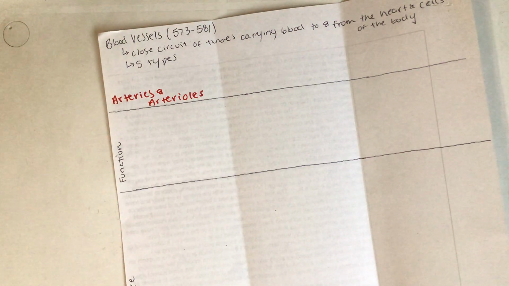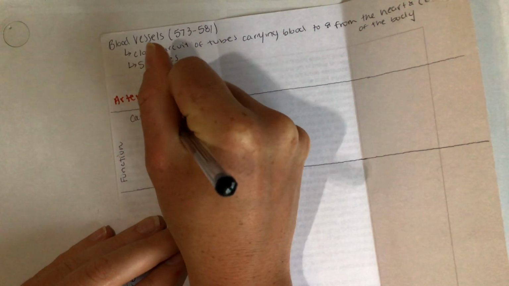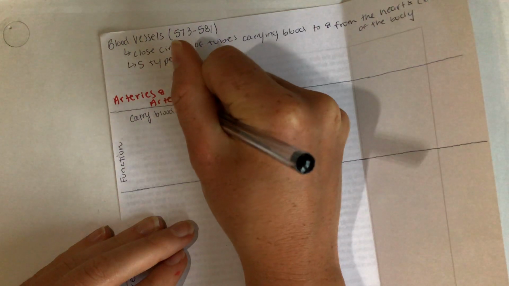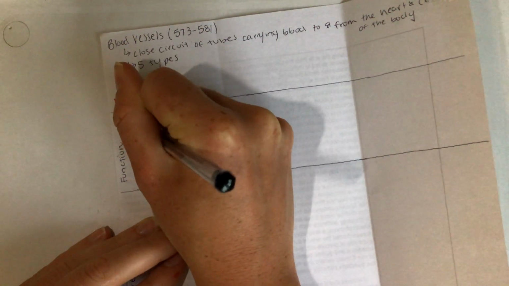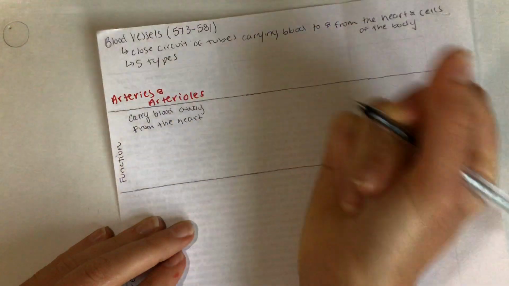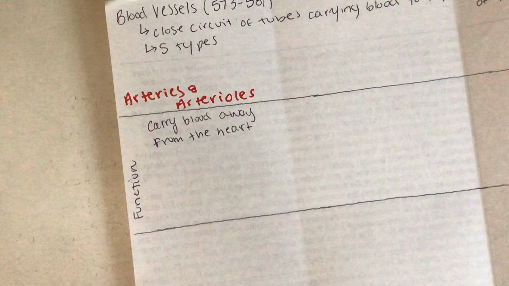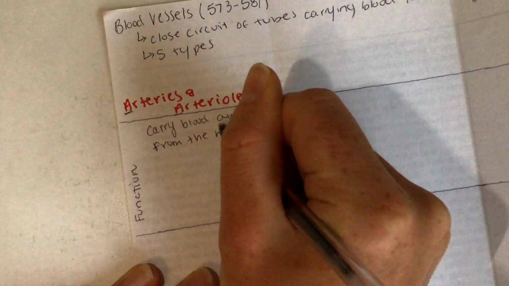Now the job of arteries is to carry blood away from the heart. Okay, so that's its job, to carry blood away from the heart. And we talked about this before where arteries start with an A, so too arterioles, away.